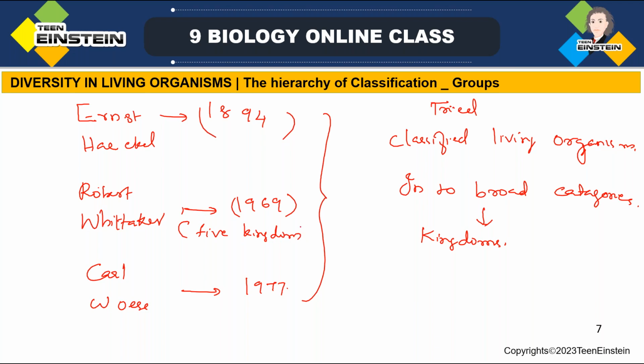Robert Whittaker proposed the five kingdom classification, and different kingdoms come like Monera, Protista, Fungi, Plantae, Animalia. And that is the widely used one. Five kingdom classification by Robert Whittaker in 1969. People are using that.